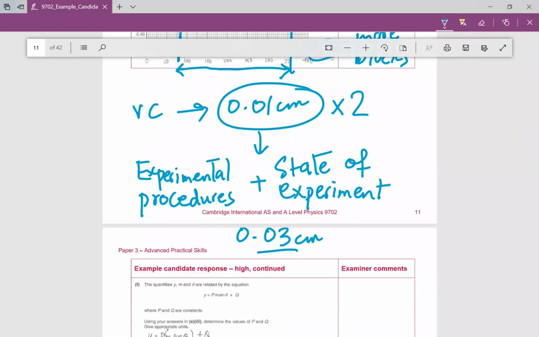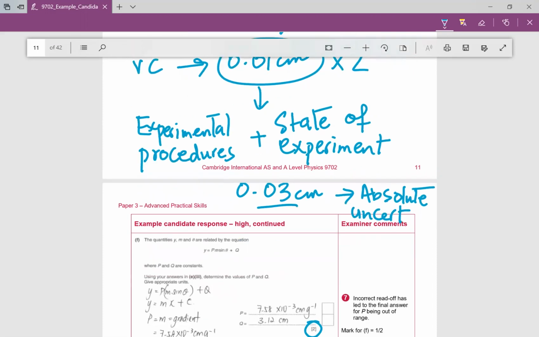That's it. This is going to be my absolute uncertainty. Similar is the case for a stopwatch, where my absolute uncertainty can be 0.5 seconds.